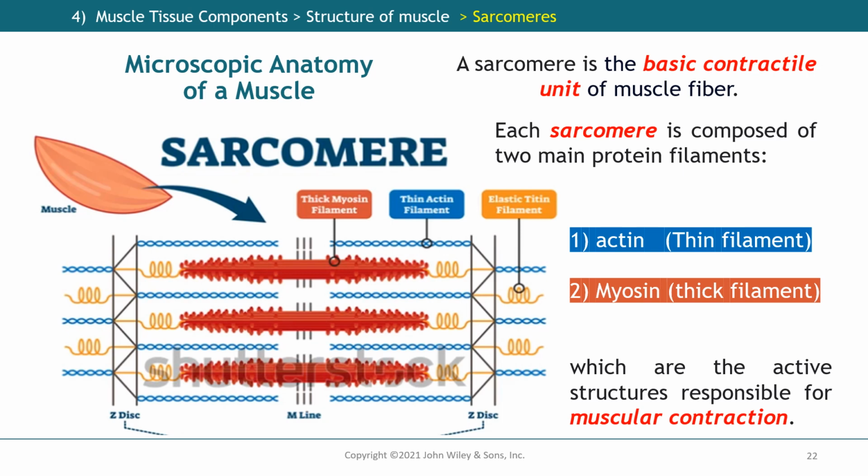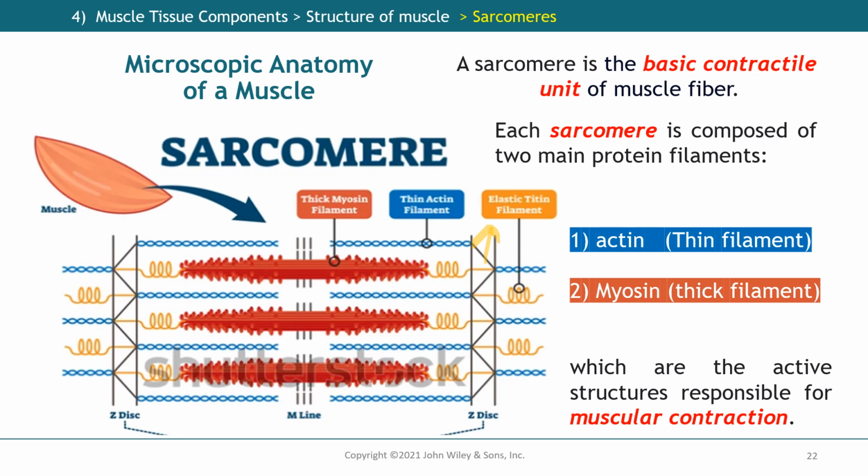And if you see in more detail later, we will talk about this one, the orange one, that is the elastic titin, and there will be more if we go into more detail, but you don't have to remember all of them in detail. But actin, myosin, titin will be something that is very important. And all these filaments are active structures that are responsible for the muscle structure. Okay, and we are done with all of those.